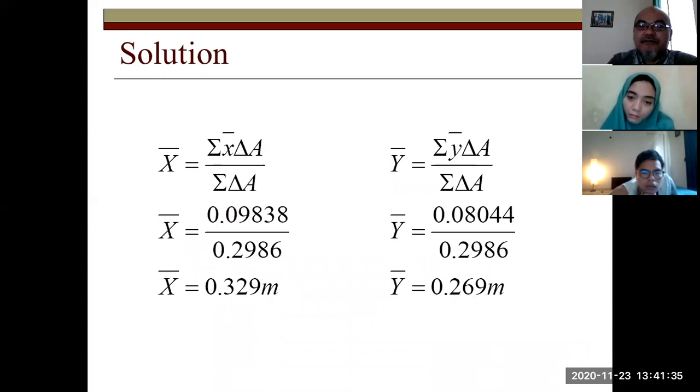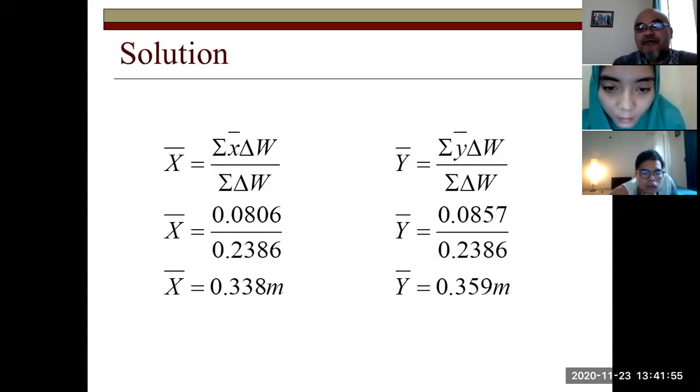Then the y, in the first example, in the homogeneous material, the y is 0.269 meter. Since we now have the bottom material lighter than the upper material, we could expect that the y coordinate will shift upwards. The center of gravity of the whole structure will shift upward.